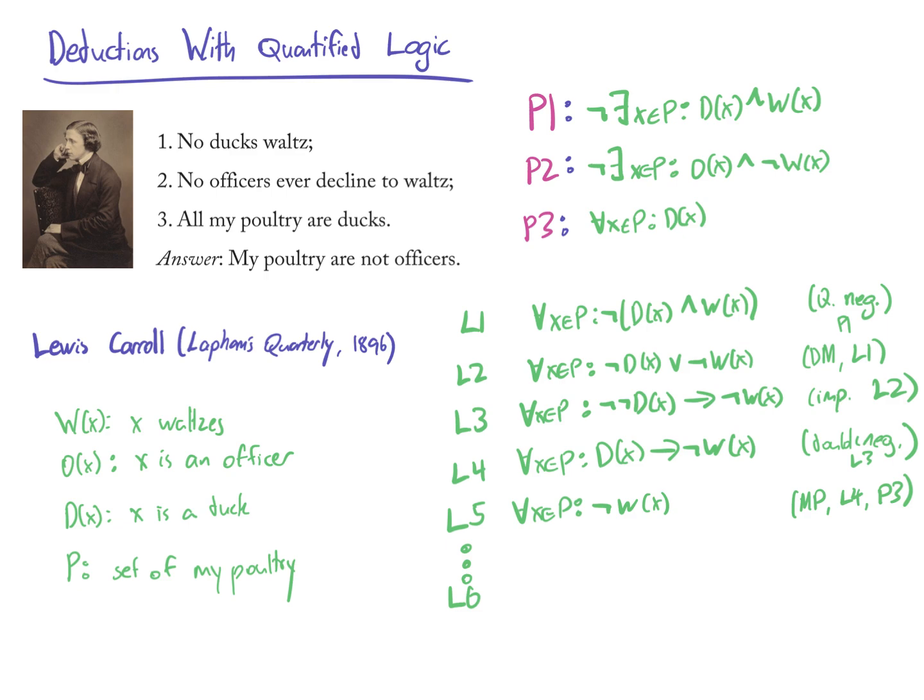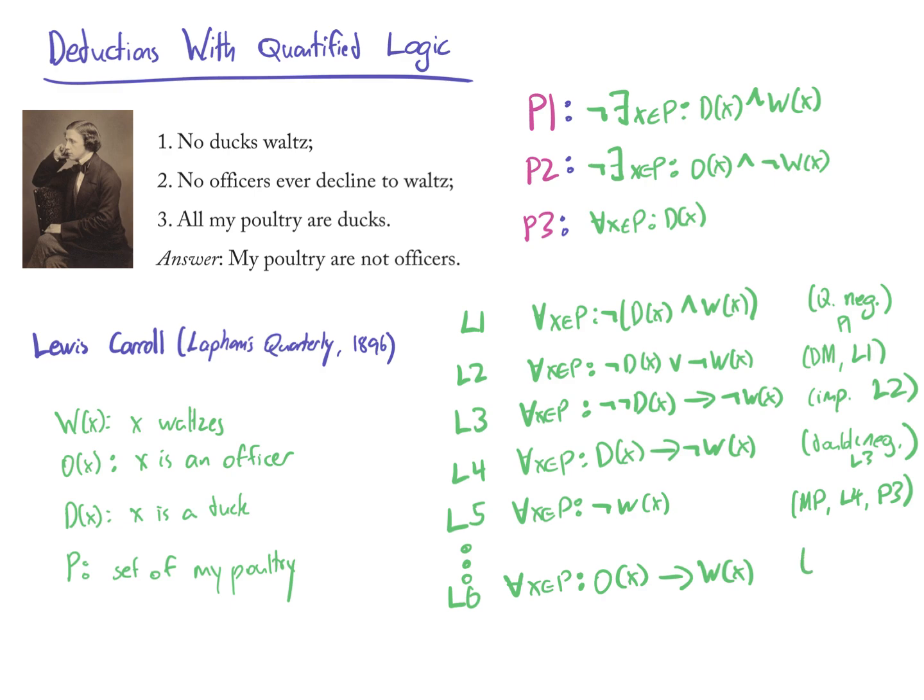I'm using, again, quantifier negation, De Morgan's, and an implication, and then double negation. And those steps are going to get me to, for all x in P, O of x implies W of x. So there are a few steps missing here to go from P2 to my line 6, and those steps I might ask you to fill in.